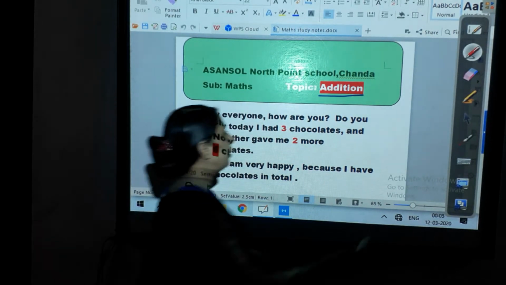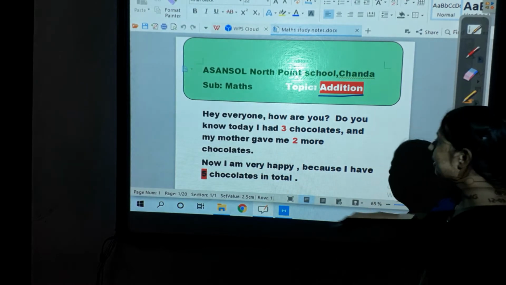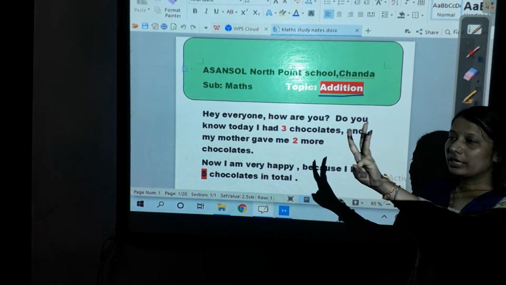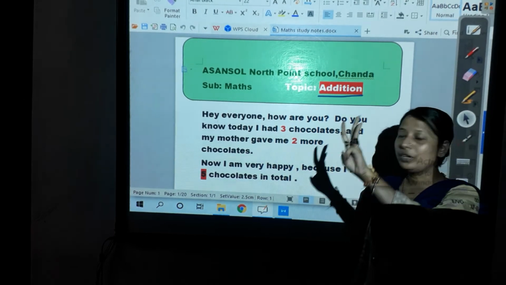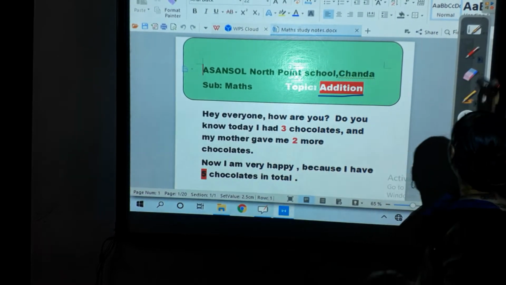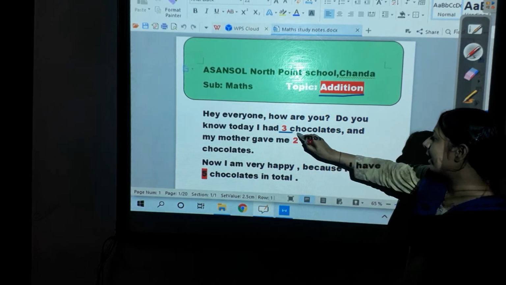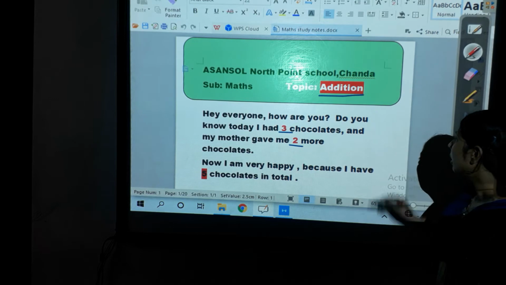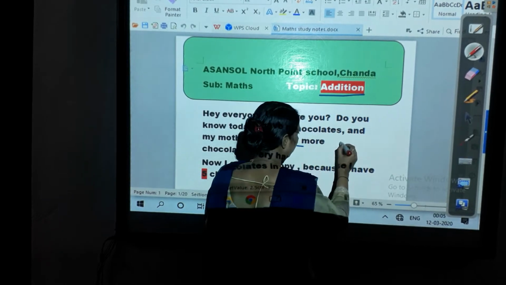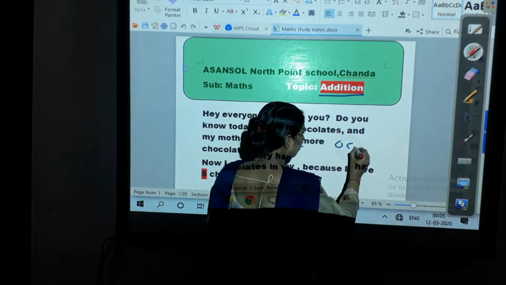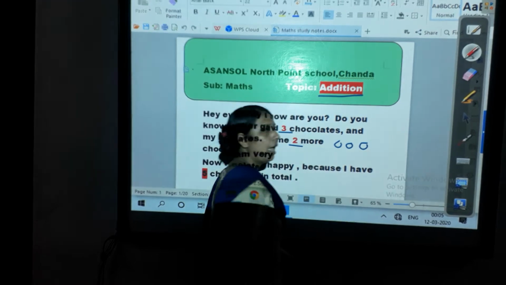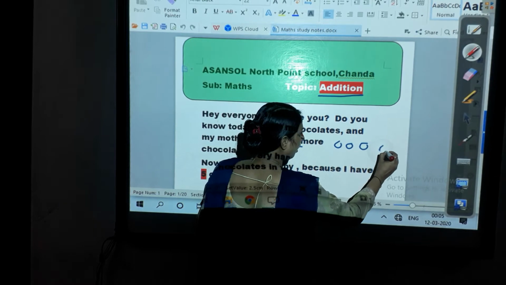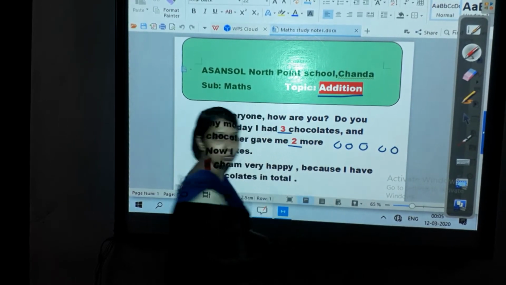So here you can see that I have written for you that I had 3 chocolates. First of all, I had 3 chocolates, and my mother gave me 2 more. So if I add 3 chocolates, 1, 2 and 3, and my mom gave me 2 more, 1, 2.